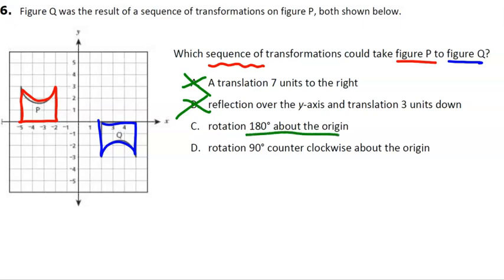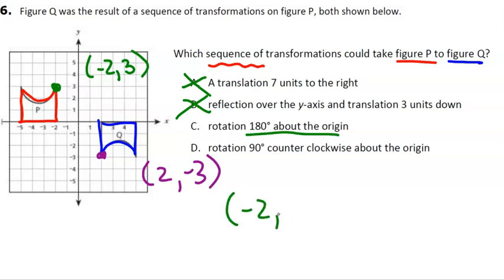Now if I rotate 180 degrees, that means I'm going to move 2 quadrants, whether I go counterclockwise, 1, 2, or whether I go clockwise, 1, 2. Either way, I'm going to end up in the 4th quadrant. Let's take a corner point here, (-2, 3), and let's take its corresponding corner point here, (2, -3), and see if that rule applies.